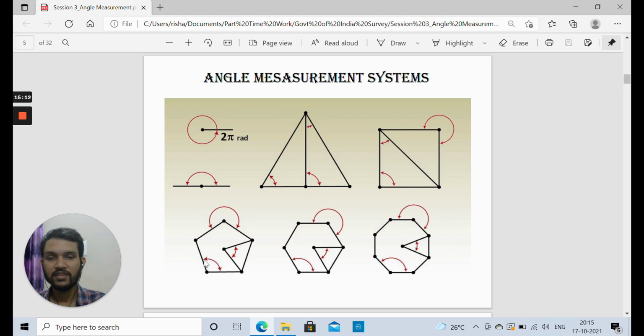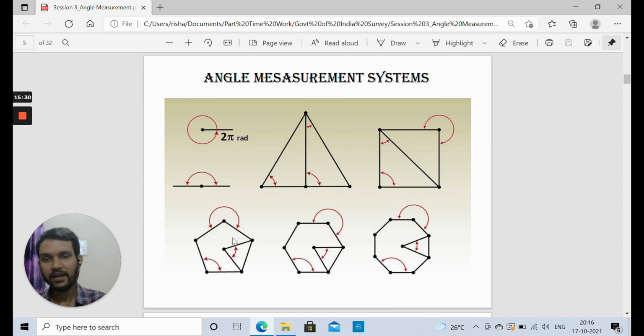You can see at the bottom right corner or the bottom left corner of a pentagon, this angle is equal to 108 degree, and you can convert this angle either in sexagesimal or radian. If you want this angle in radian, then you can just multiply this value by 2 pi by 360.